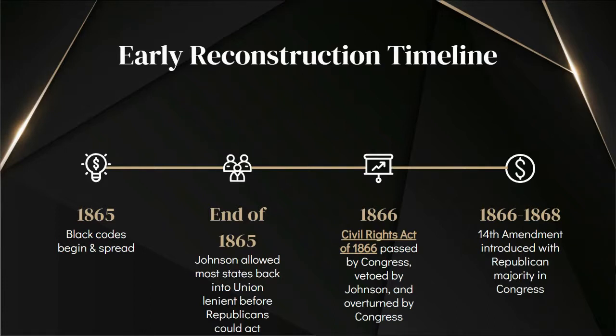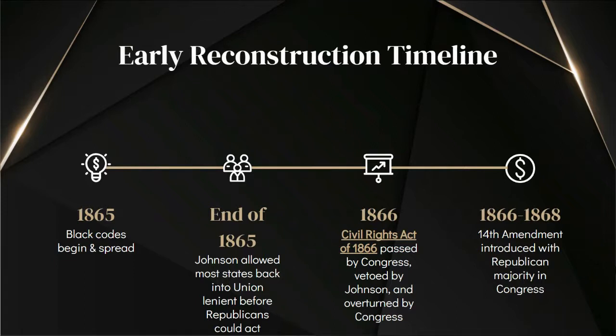You have some big amendments like the 13th Amendment, where slavery is abolished, and then the 14th and 15th, providing more civil rights for African Americans, but black codes are kind of sidestepping the big law, and finding ways to still limit the civil rights that have been obtained by Black people in the United States.